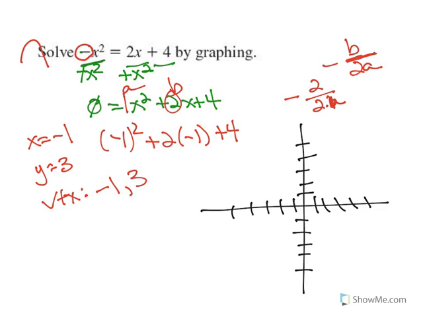Negative 1, positive 3. Oh, I'm sorry, I lied. This is negative, but we added it, so it's positive here, so it is going to go up. Sorry. And so our y-intercept is positive 4. Then go over 1 and up 1, and that is our other point.